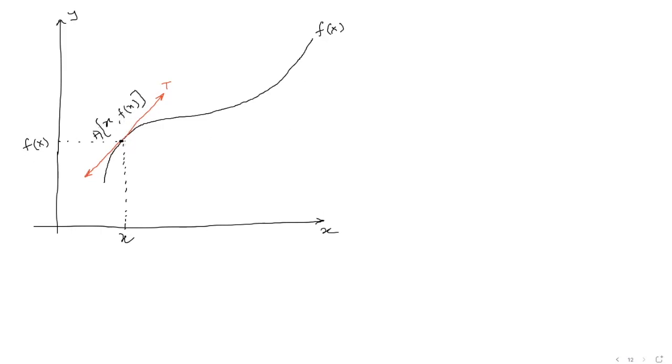Now, do you realize that when you say differentiation, or f prime of x, or the derivative of f of x, it is nothing but the slope of tangent T, and that is what I am here to find. How do I find the slope of this line T, which is the tangent at this point?